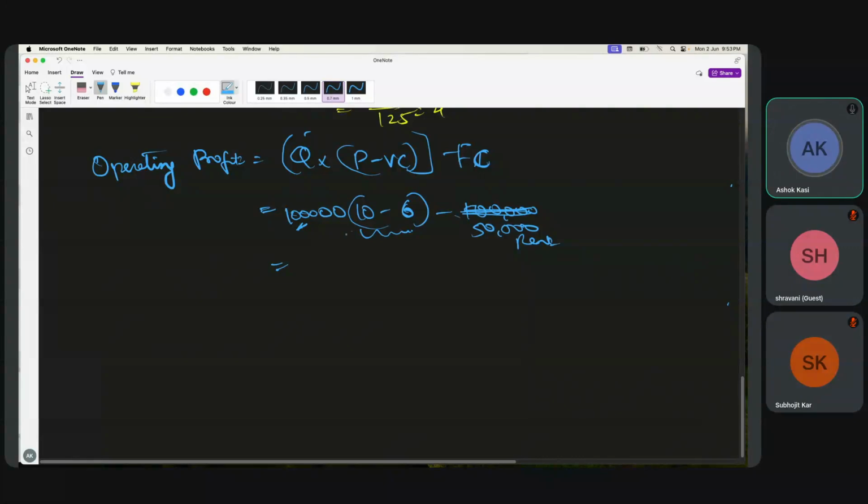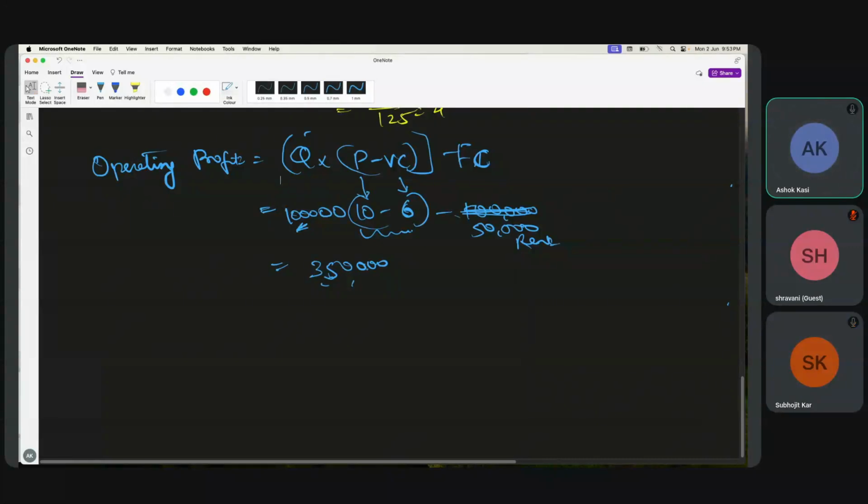So this becomes how much? 4 into 1 lakh, 4 lakh, minus 50,000, 3 lakh 50,000 is your profit. Have you understood this one? 10 rupees is the price. Variable cost is all that sugar, milk, and all that. In a month, you are selling 1 lakh cups, and 50,000 you are paying as rent. So 3 lakh 50,000 is the profit for you, operating profit.